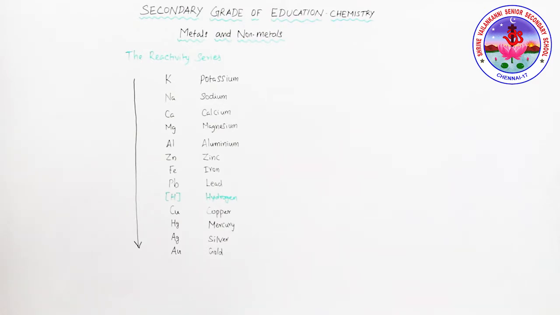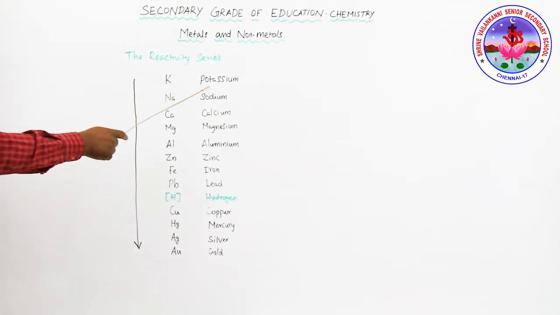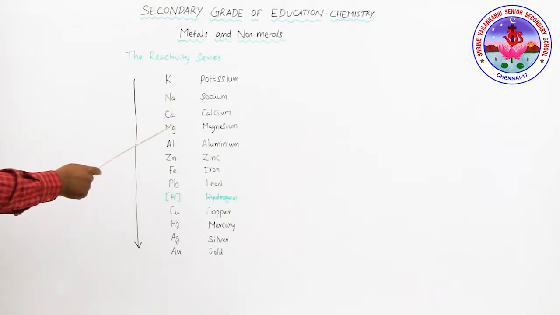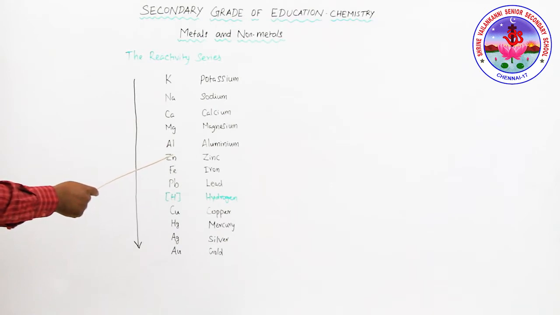In the reactivity series, the metals are arranged in the order of their decreasing activity. After that we perform displacement reactions; we have already seen that experiment. See, the activity series is developed like this. Potassium is more reactive than sodium, then calcium, magnesium, aluminum, then zinc.